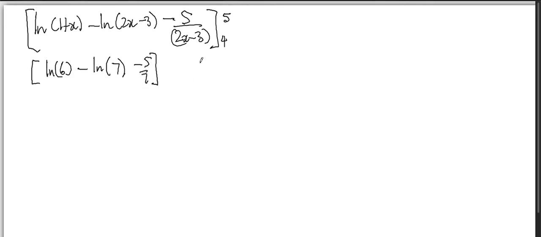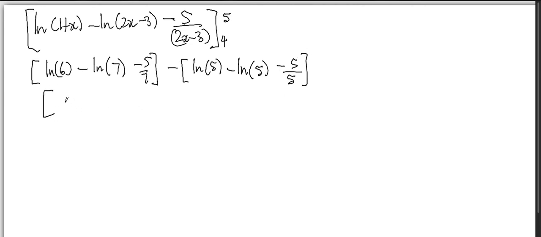And then minus, do the same thing, so you get ln of 4 plus 1, which is ln 5, minus ln of 2 times 4 minus 3, that is ln 5, and then minus 5 over 8 minus 3, which is 5 over 5, which is negative 1.